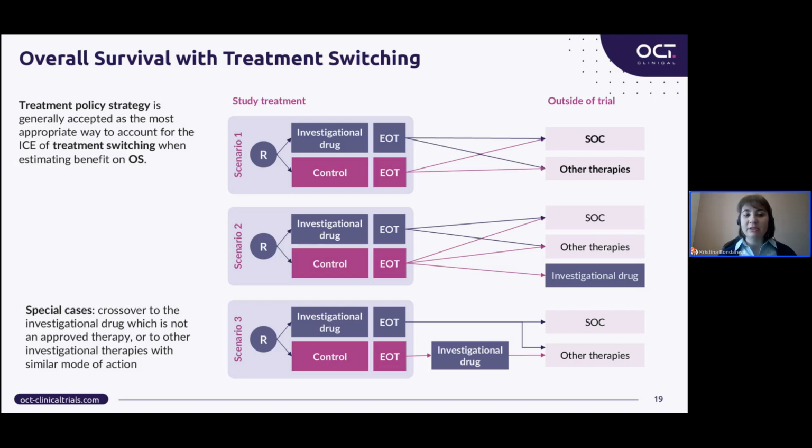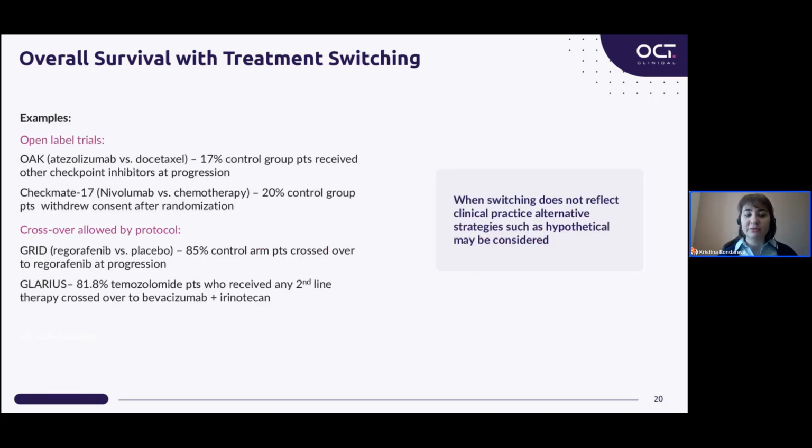In open-label clinical trials, patients might discontinue and seek the opportunity to receive investigational product in another clinical trials, as was the case in recent studies of checkpoint inhibitors, where a lot of patients from control arm switched to other non-protocol checkpoint inhibitors outside of the clinical trial upon progression, or even discontinued once they found out that they were randomized to the control group.